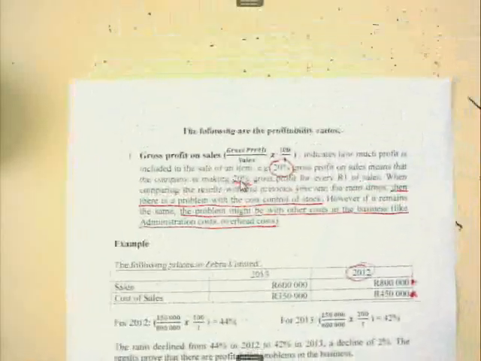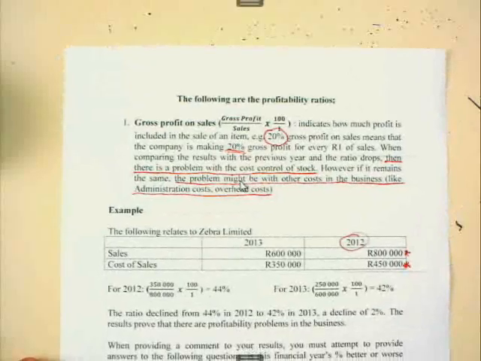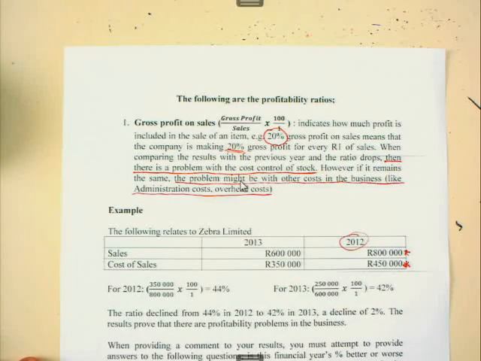We said when we compare the results with the previous year and the ratio drops, then there is a problem with the cost control of stock. However, if it remains the same, the problem might be with other costs in the business, like administration costs and overhead costs. But here the ratio dropped.